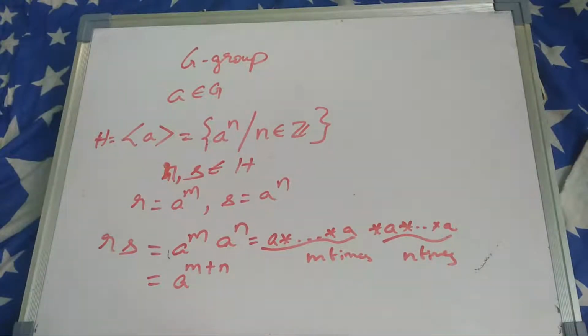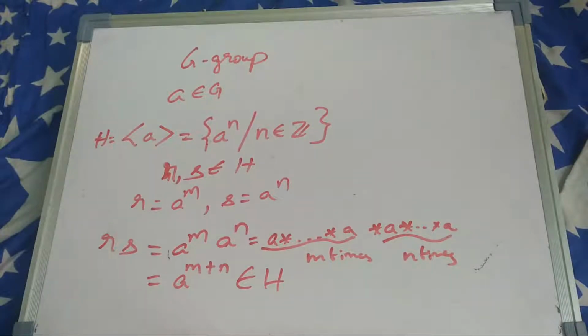So a power m plus n will belong to H, clearly. Is it fine? Now, given any element, we have shown that the closure axiom is true.